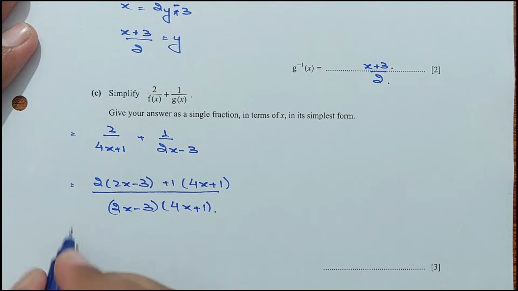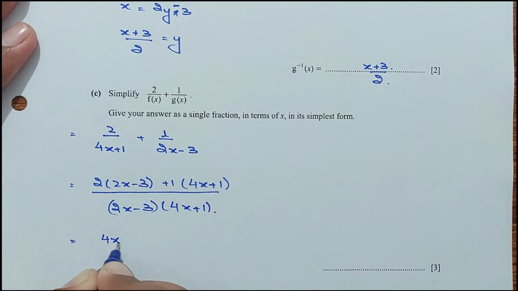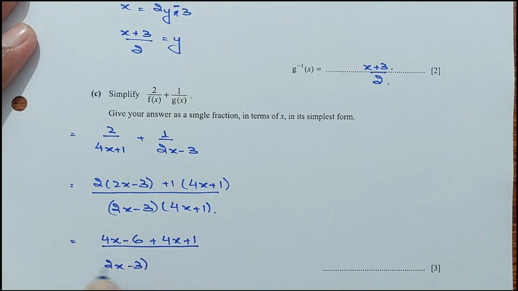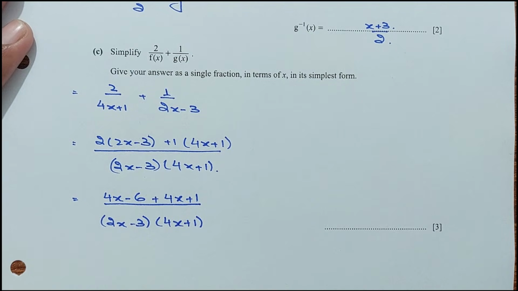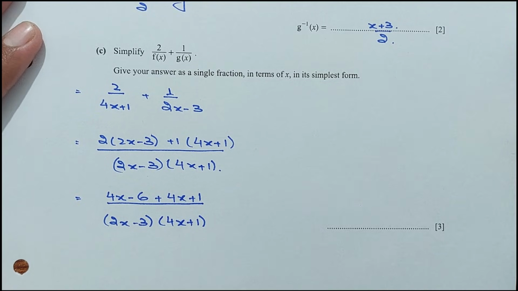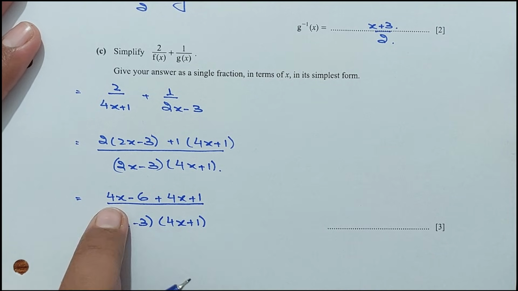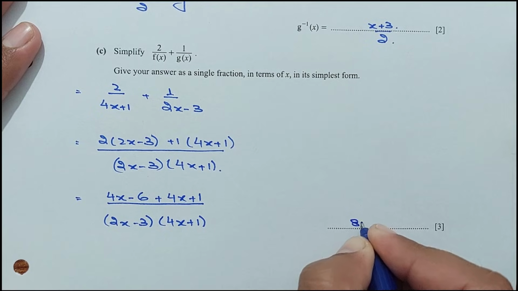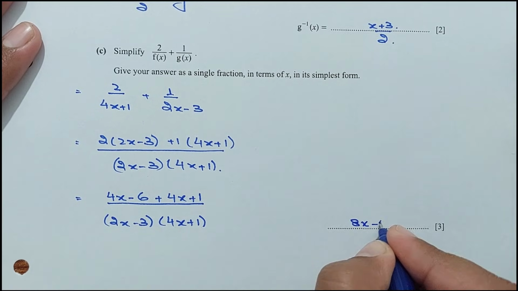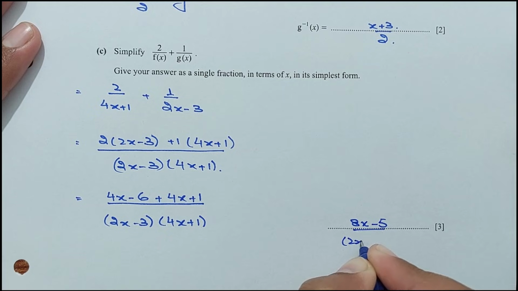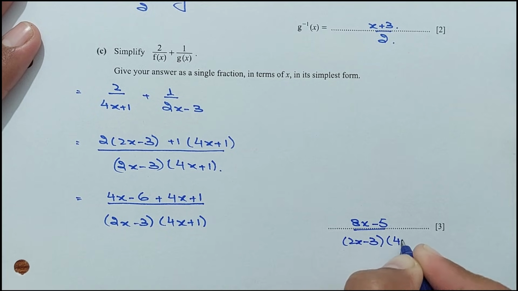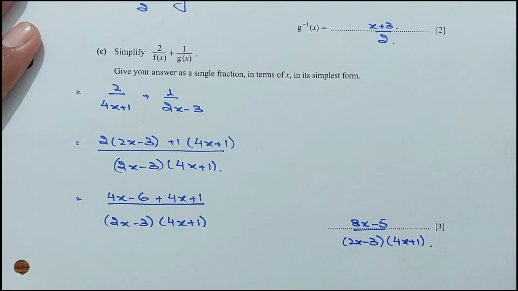Right. Okay, so this would be 4x minus 2 times 3 is 6, plus 4x plus 1, divided by, let me keep the denominator in factored form. Or you can also simplify it and you will get a quadratic expression in the denominator. So we have 4x plus 4x would be 8x, and 1 minus 6 is minus 5, over 2x minus 3 and 4x plus 1. Right.